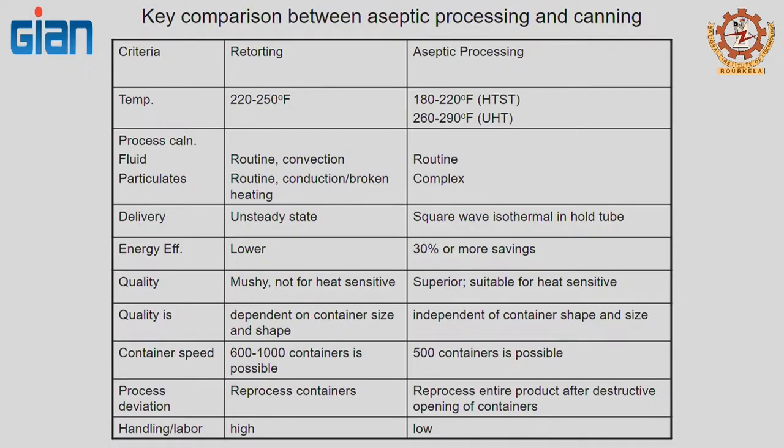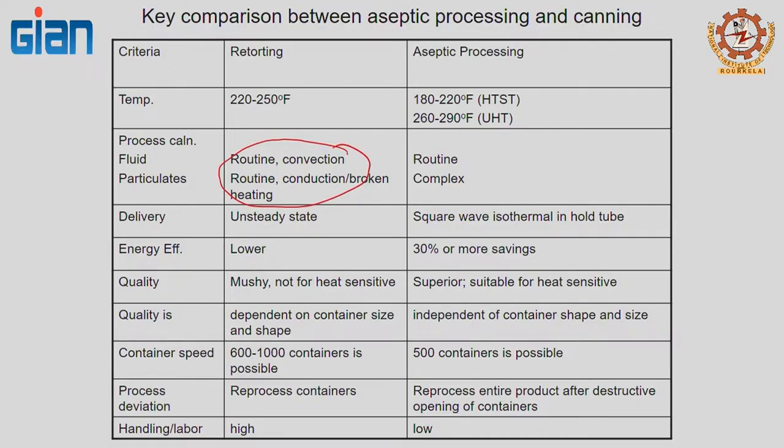And if you compare the criteria for retorting versus aseptic processing, you can see that you are able to accomplish a much faster time. However, if you look at the calculation for the process, where the cold spot is, how you achieve microbial kill and so on, canning is relatively simple.